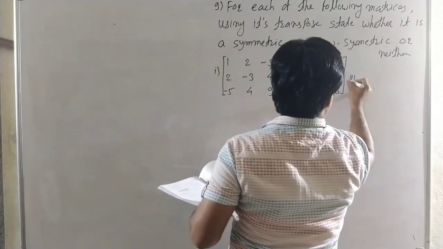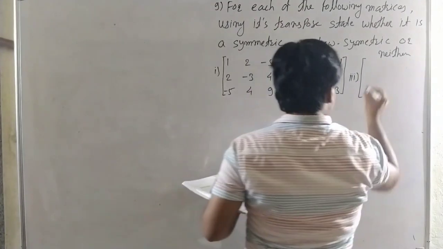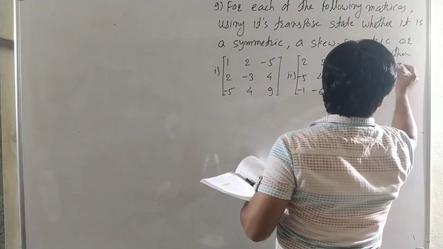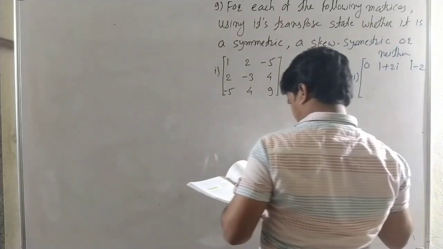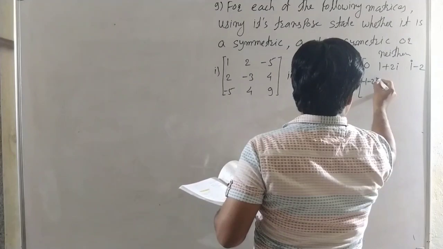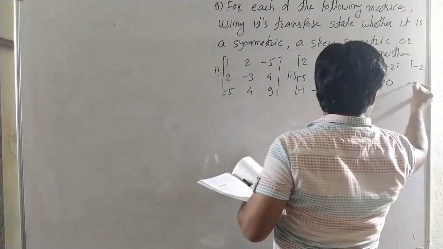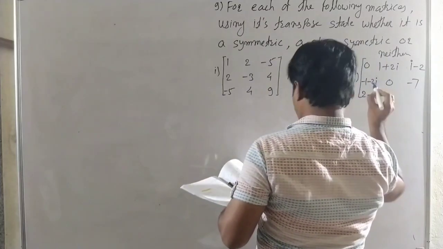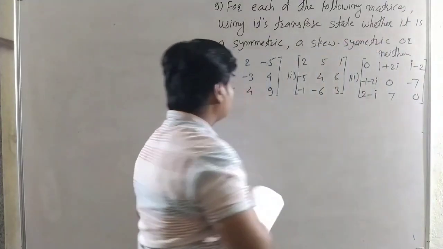And third: 0, 1 plus 2i, i minus 2, minus 1 minus 2i, 0, minus 7, 2 minus i, 7, 0. Okay, these are the three matrices.